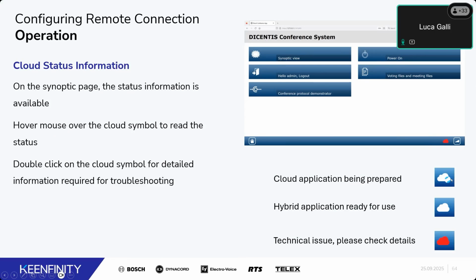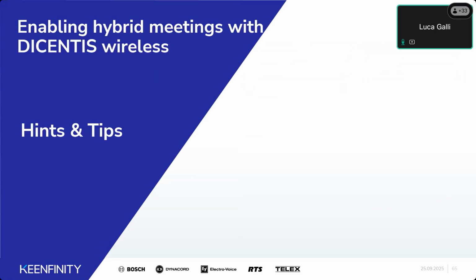So with this icon, the system is preparing the hybrid. With the white cloud, the hybrid application is ready for use. And if there is a red cloud, then it means that you have a technical issue, so you need to check the details. So these are more or less all the operational functions you need to know in order to have a fully running hybrid meeting together with the wireless and the wired.